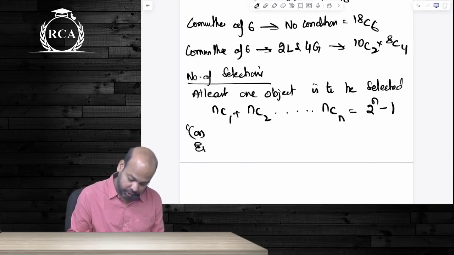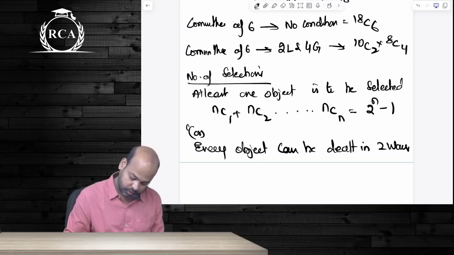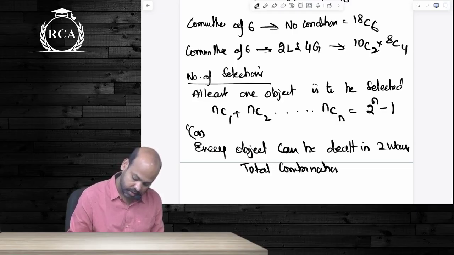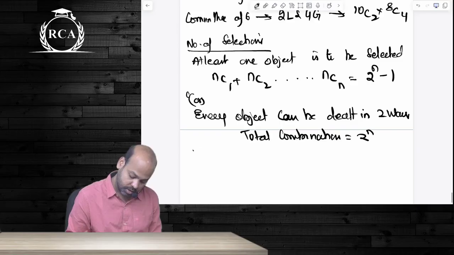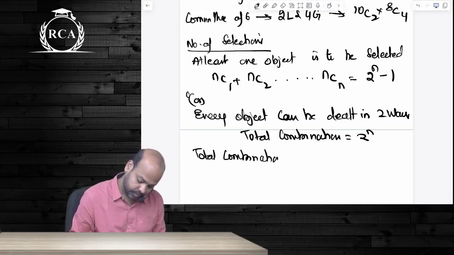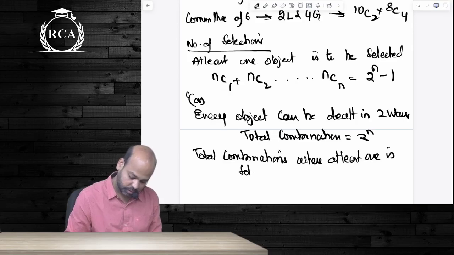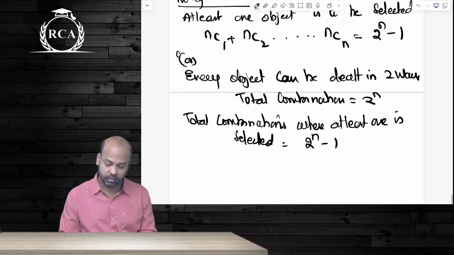Or every object can be dealt in 2 ways. So total combinations will be 2 power n. Total combinations where at least one is selected will be 2 power n minus 1.